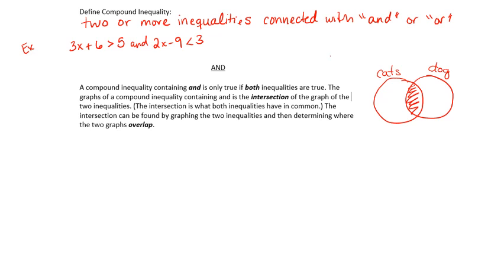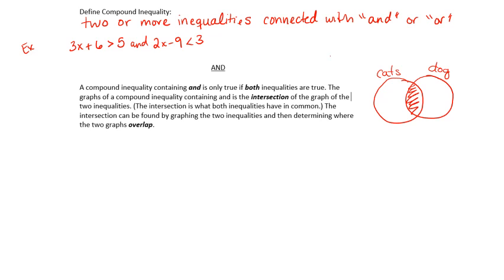So it's where they overlap. It's where your two graphs overlap. It's also like if I say I live at the corner of 17 and Goosley Road, where our school is, I'm on that corner. So it's where both things are true.